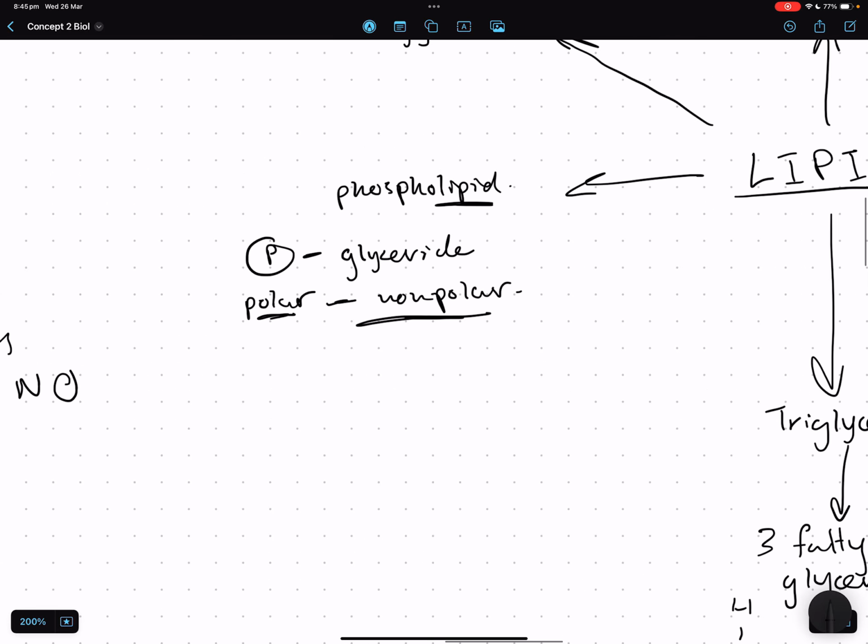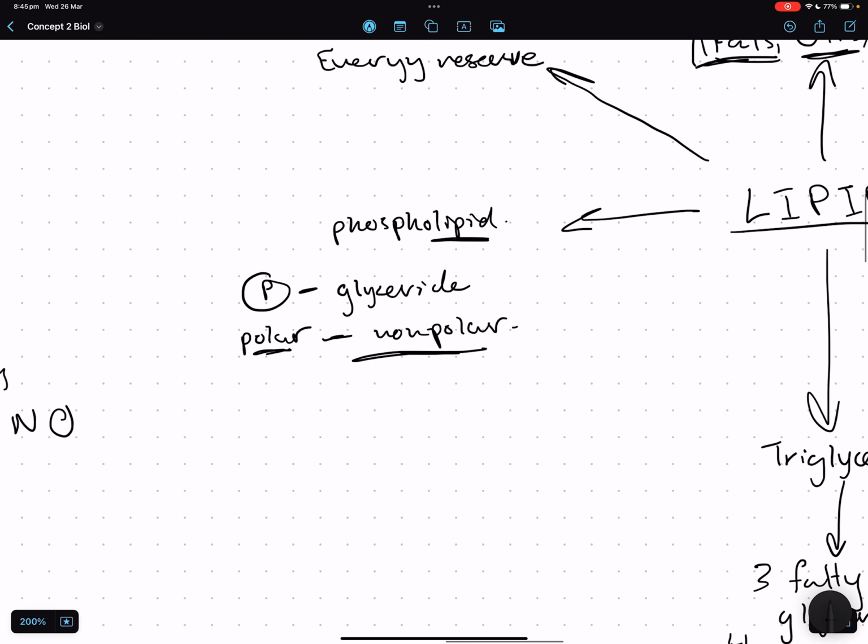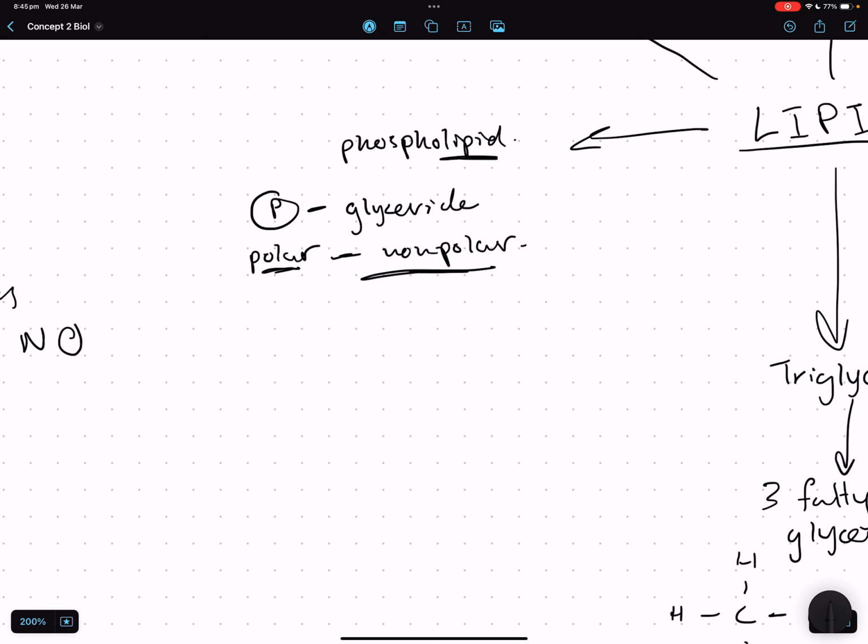So let's talk about this phospholipid a little bit more. Since there's a polar and a non-polar component, the polar component really likes going to water, and the non-polar component really hates being near water. So what happens is there's this formation of a vesicle.